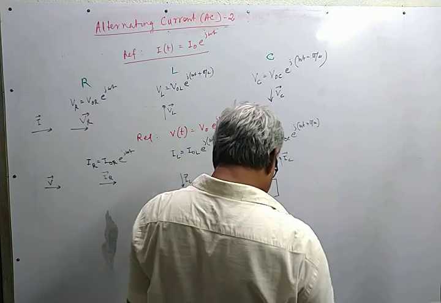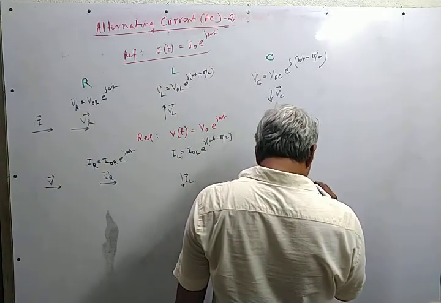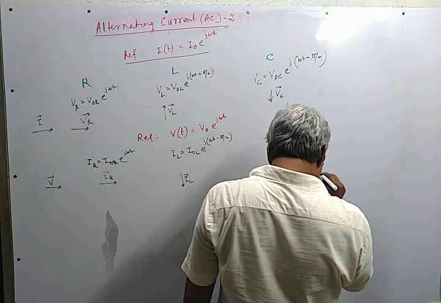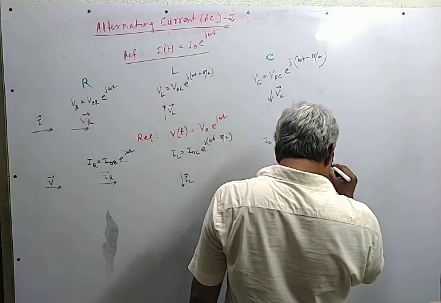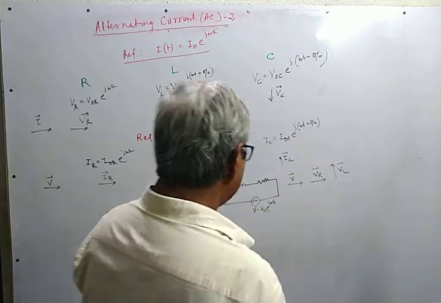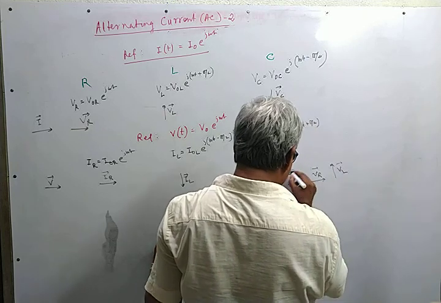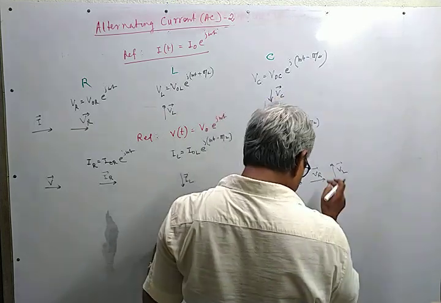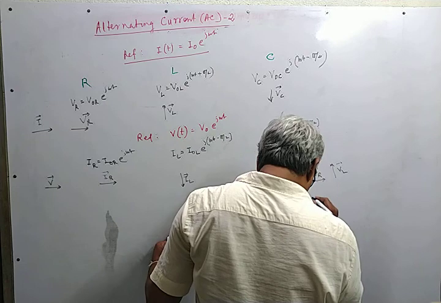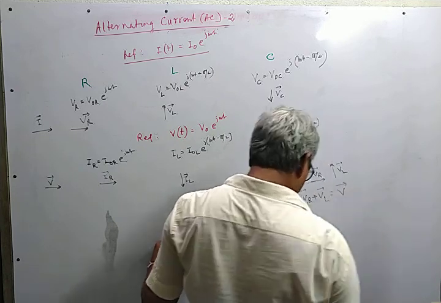This is the voltage phasor, this is the VR phasor, and this is the VL phasor. So the phasor diagram is this. When we add these two vectorially, we must get this. So in the vector notation, VR plus VL must be equal to the applied voltage.